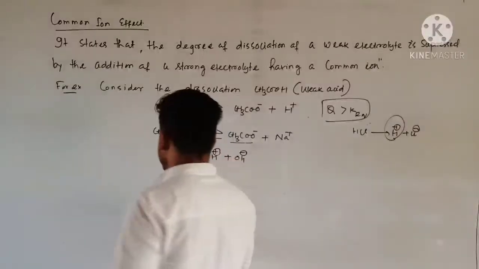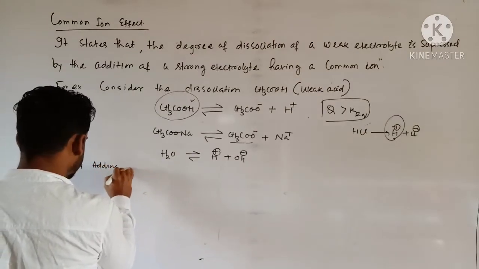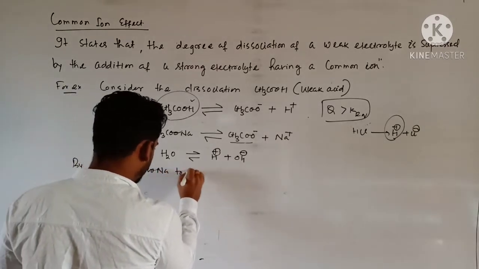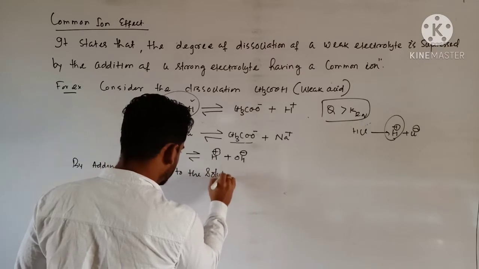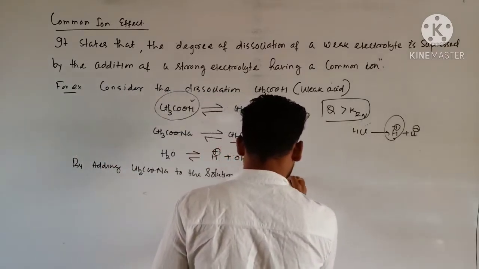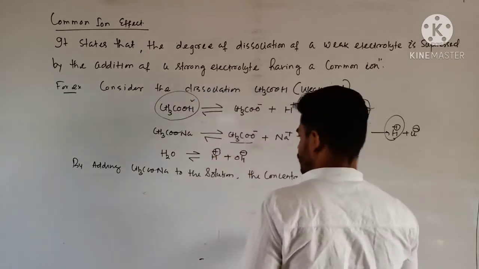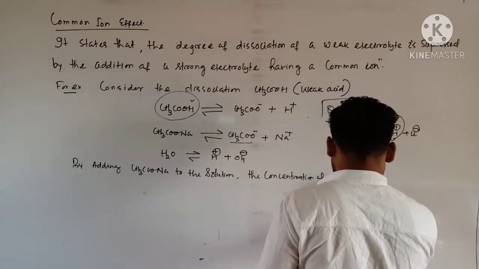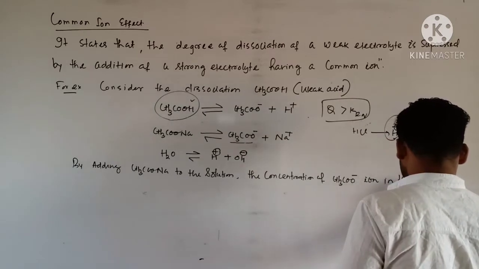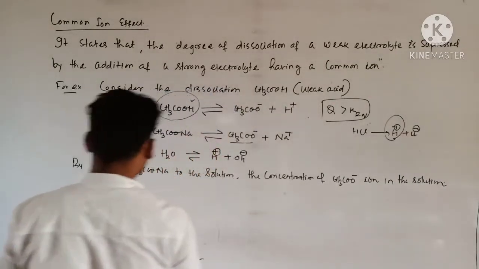So I can write over here: by adding sodium acetate, CH3COONa, to the solution, the concentration of CH3COO minus ion in the solution becomes more.